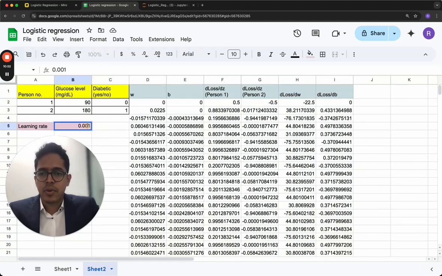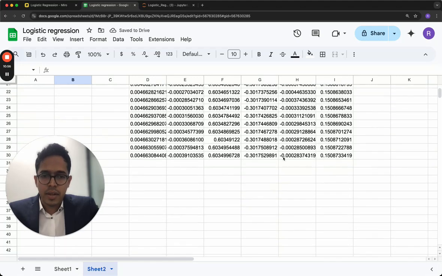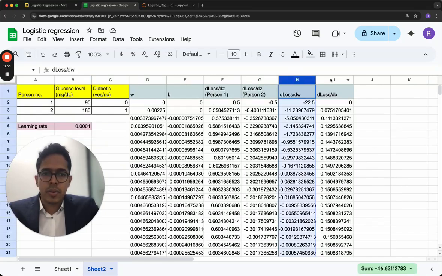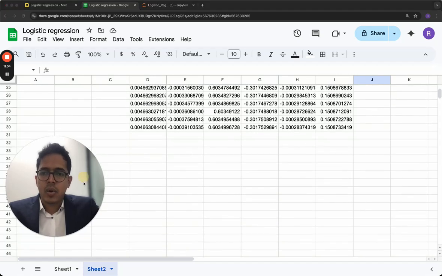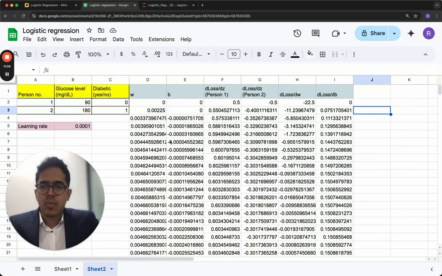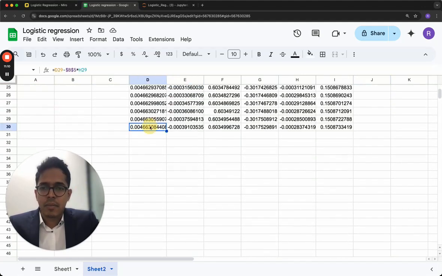So what if I put one more 0? Okay, then I have fairly good numbers, because here dou loss by dou W and dou loss by dou B are kind of small numbers. And now what is my final W and final B? It's kind of saturating. Final value of W is this, final value of B is this. Is this fine? We can check.